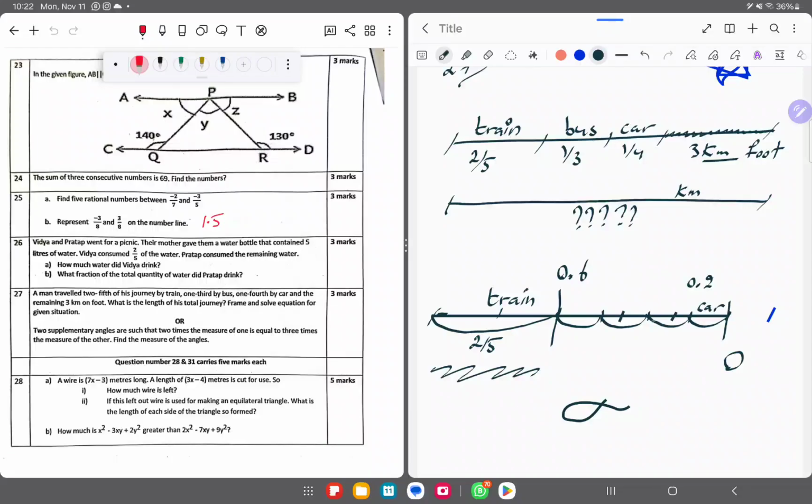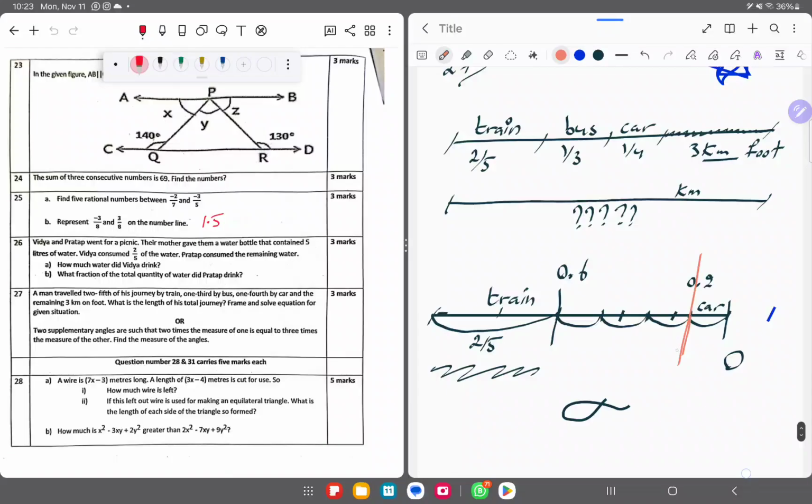This is 0.2. This is 0.4. No. How is this 0.2? Yeah, this is 0.2, 1 over 5. 0.2.